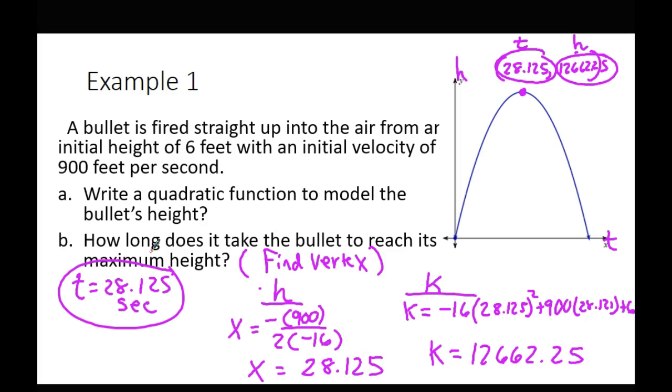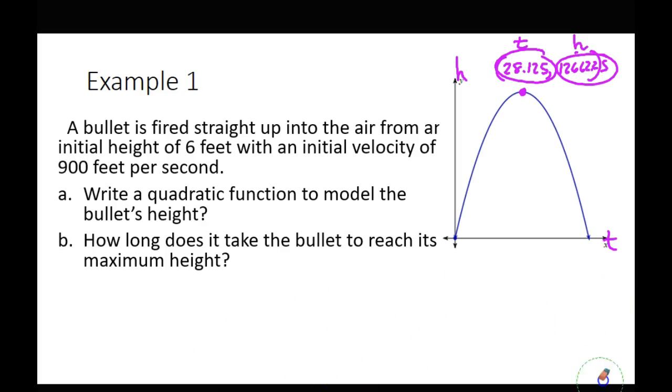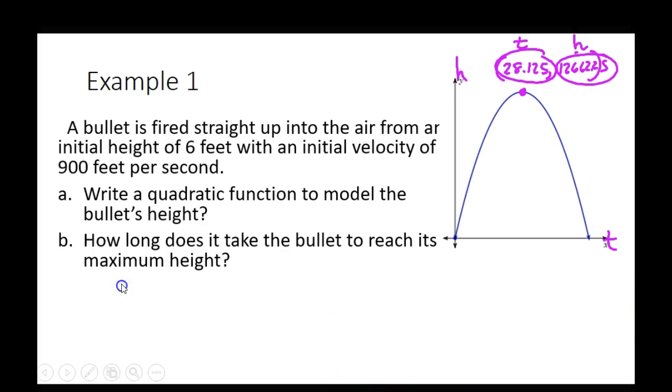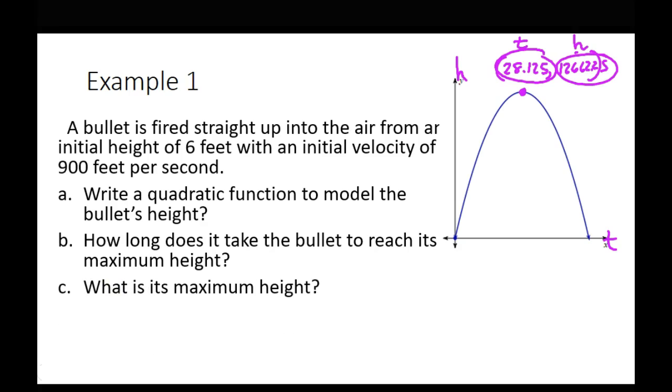All right. Can I erase stuff? I think the next one says, what is the maximum height, right? Yeah. Okay. The h and k, we don't have to do the k, or do we? No, we did the k, and that's important because that's actually the answer to this one.